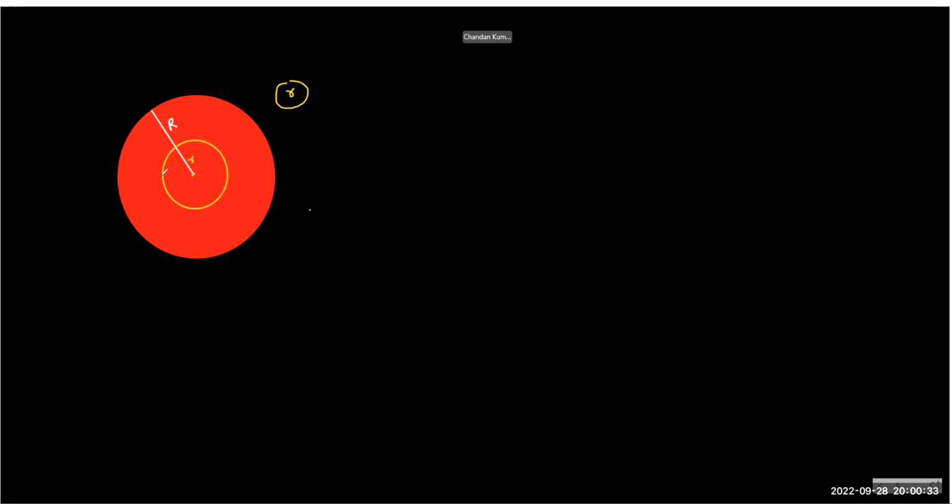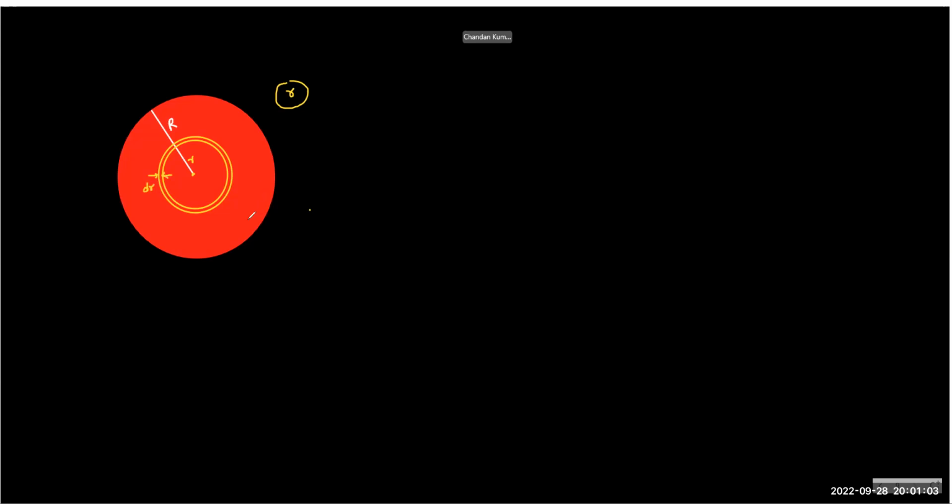Now we cannot create an onion slice until it has some thickness. So the next step is to assign a thickness of value dr. What is dr? A very small incremental value. So imagine a ring of radius r with a thickness which is almost negligible. Let's call it dr.